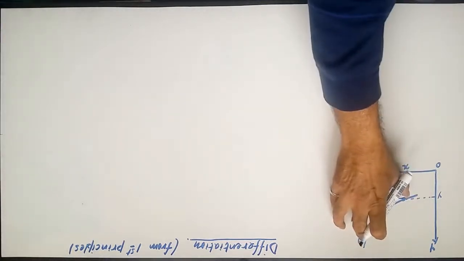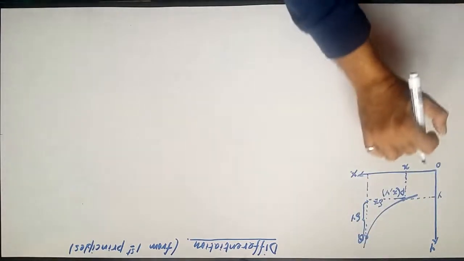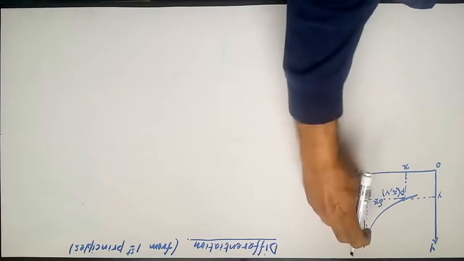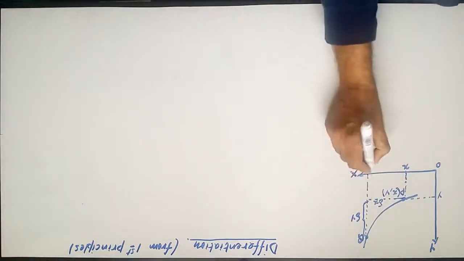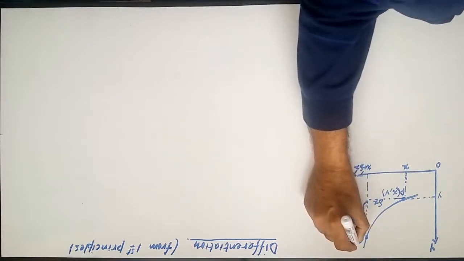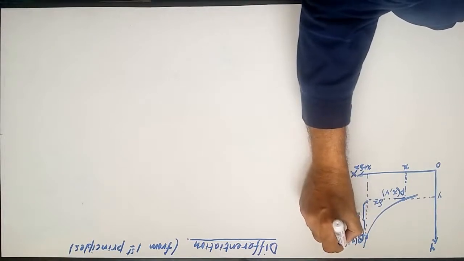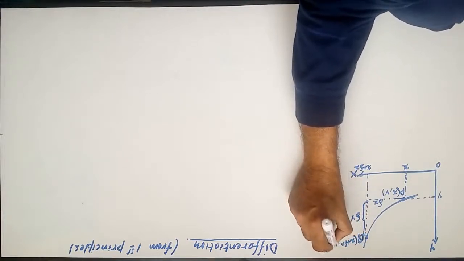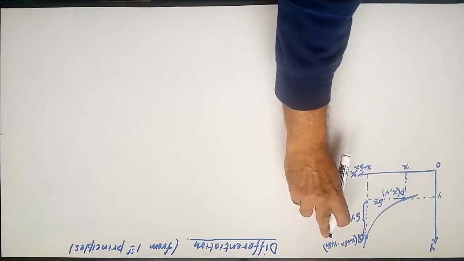But this is a magnified view of the situation. So this delta x and this delta y take us to the point Q. The coordinates of Q are x plus delta x and y plus delta y, where delta x and delta y are extremely small amounts.